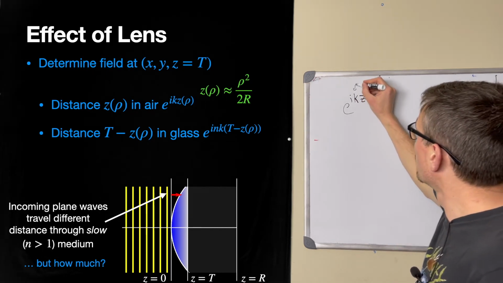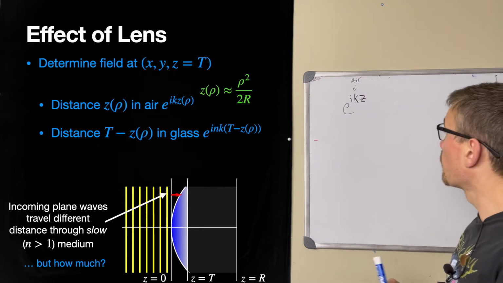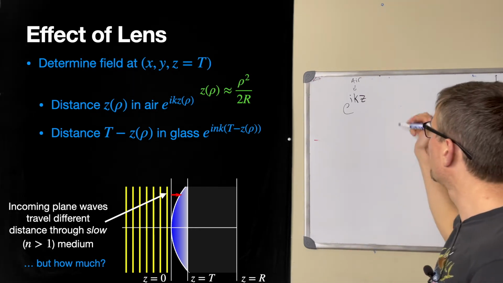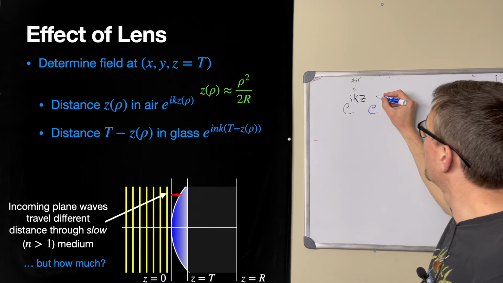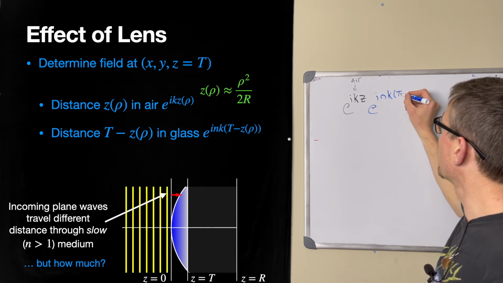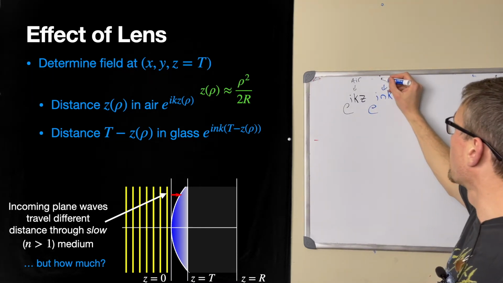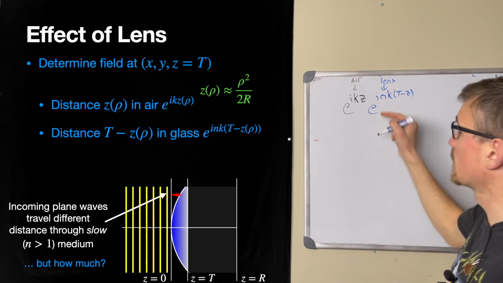That's in air. And then we have propagation t minus z in our index n, so n k times t minus z. This is in the lens, or glass, or whatever we call it, index n.